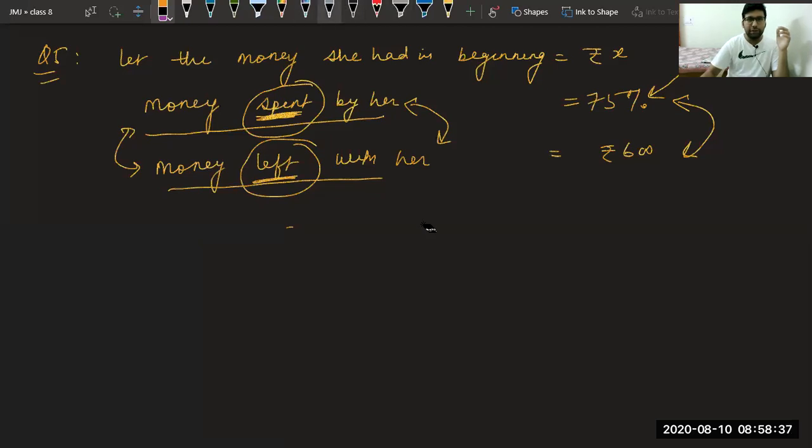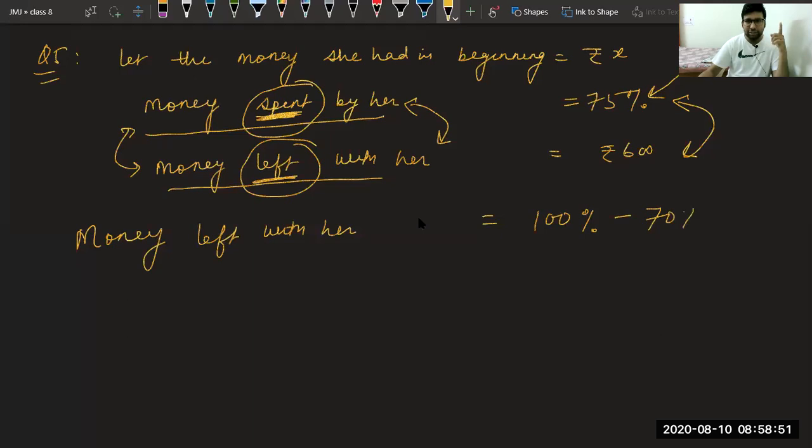Now let me write. Money left with her can also be given by 100%, which is total money, minus 75%, which is 25%. Now these two things are the same.